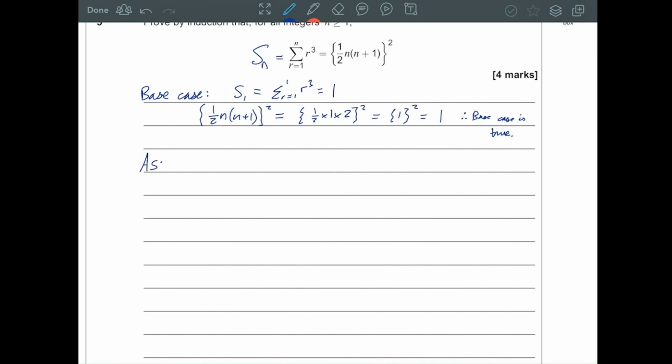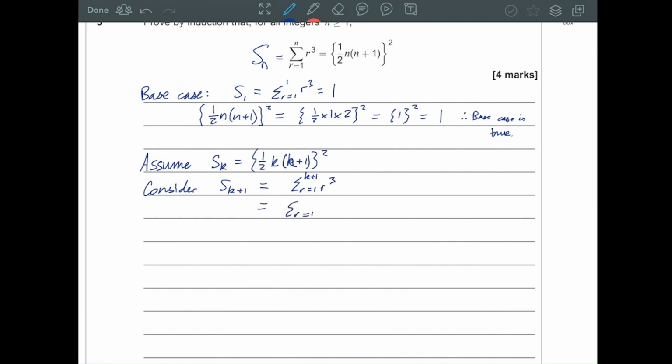So we're going to assume that Sk is indeed what the question thinks it should be, that thing squared. And we're going to then think about the Sk plus 1. So Sk plus 1 by definition is a sum from 1 up to k plus 1 of r cubed.